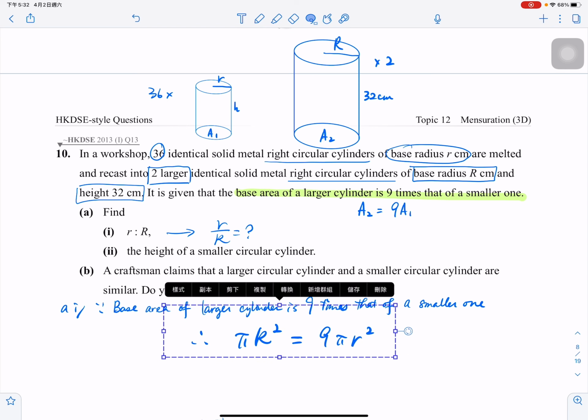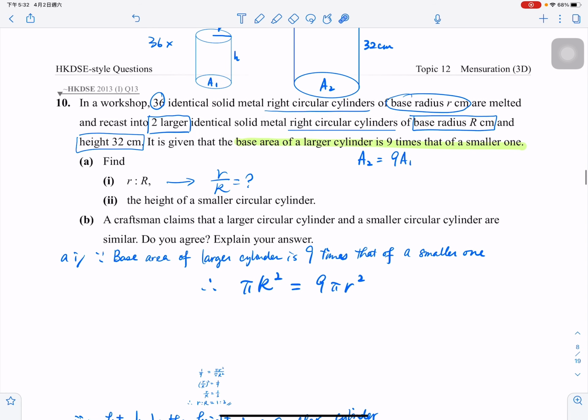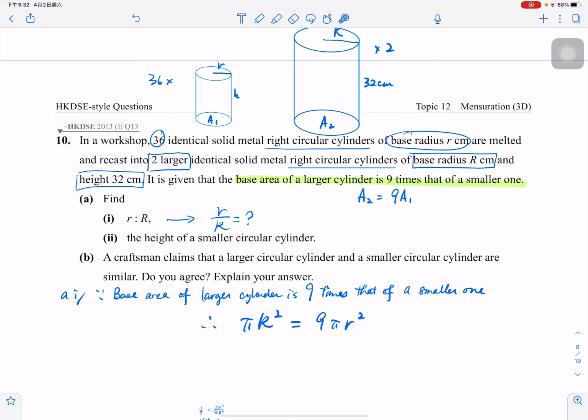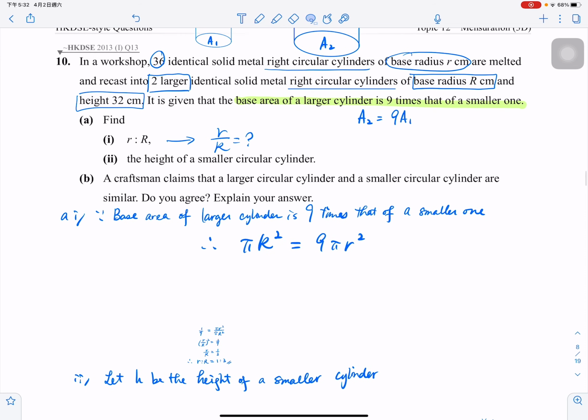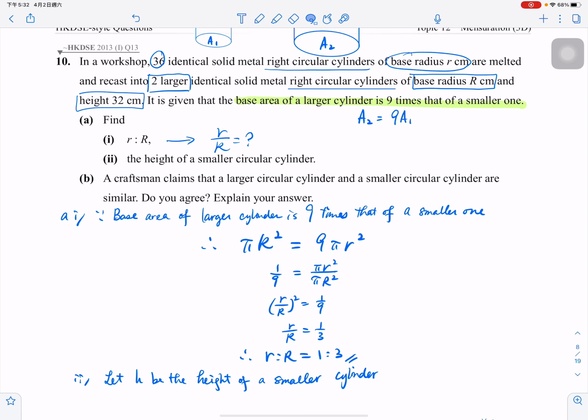Pi R squared equals 9 times pi r squared. And see, this is the big R and this one is small r. Don't mix it. We need to find r to R. That means r over R equals what? We can rearrange it, and at the end you can find out this is 1/9, right?